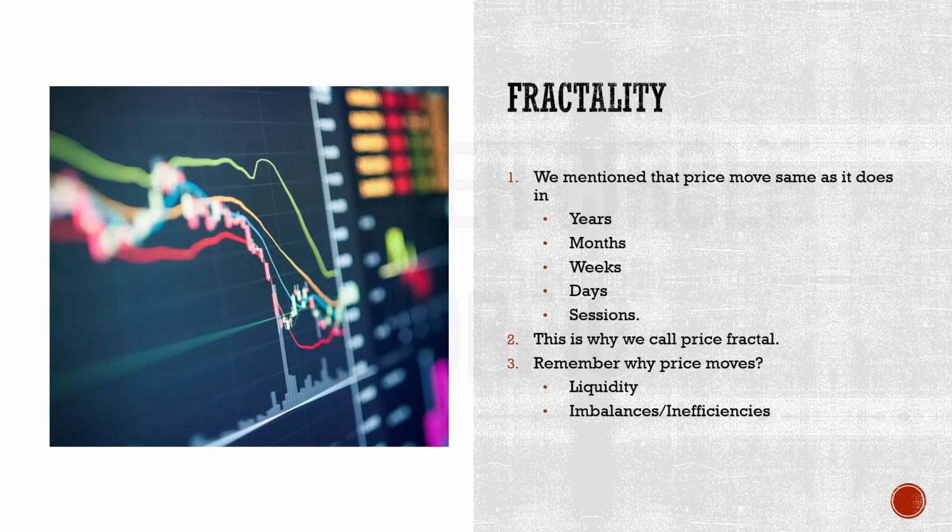It can be a daily, a weekly, or an hourly time frame, whichever you use. But each time frame takes its respective time to create. For example, a daily candle takes a day to form, an hourly candle takes an hour to form.